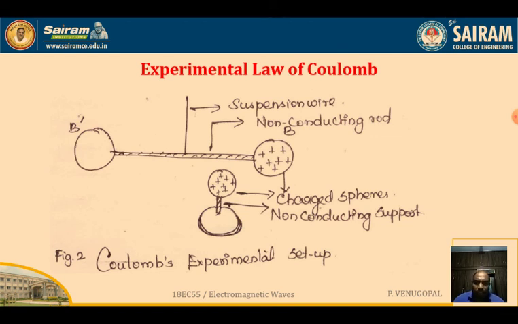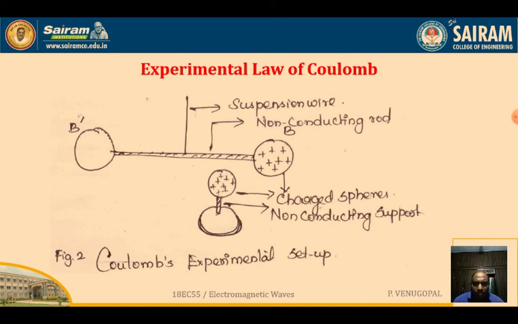These two charged spheres are named B and B dash. Later, he brought one more charged sphere A, standing on a non-conducting support, near to the charged sphere B.